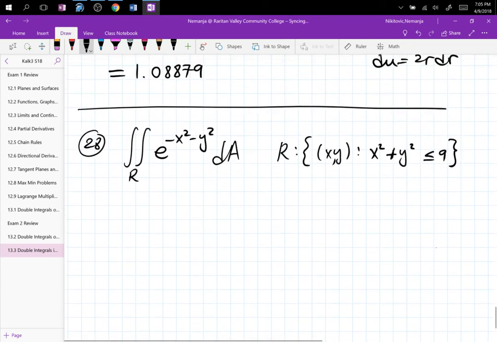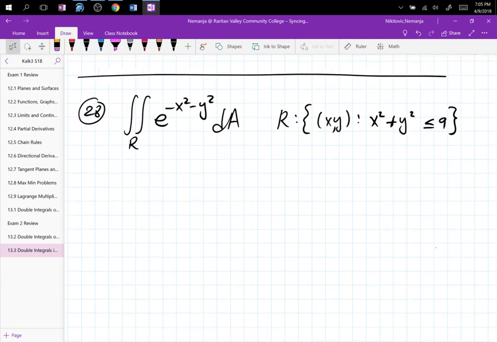Everything that we have in this problem is in rectangular coordinates. What is the thing that gives it away that we are supposed to switch it to polar? X squared plus y squared. Yeah.